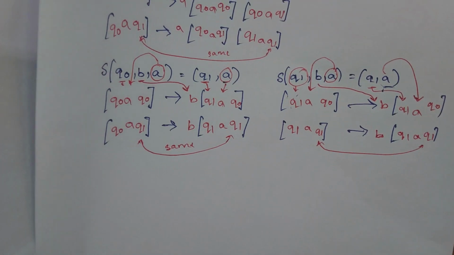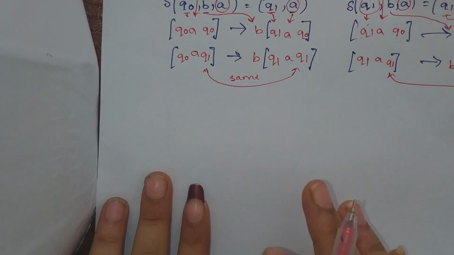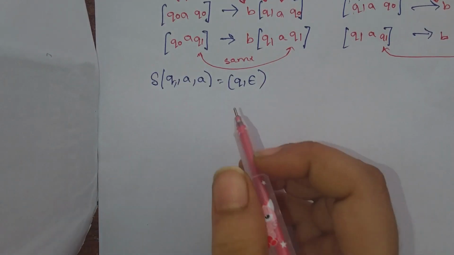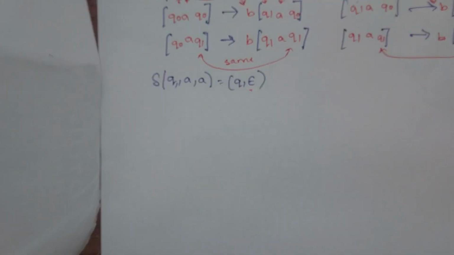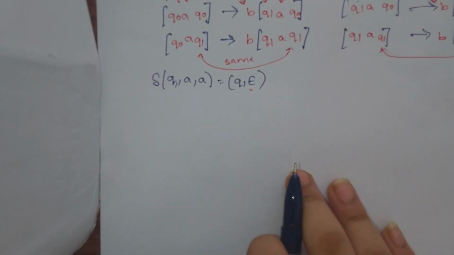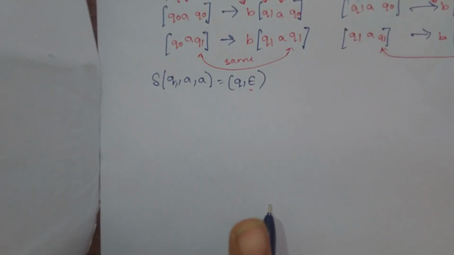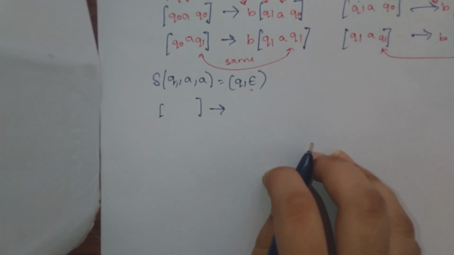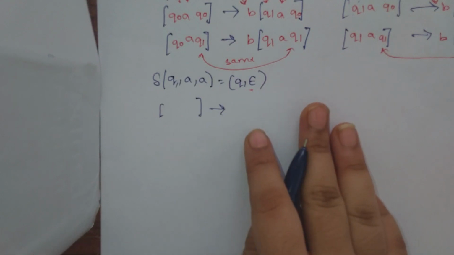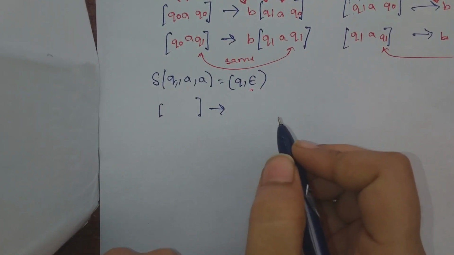Now consider another case, another transition. So we have this epsilon. For the epsilon, we'll get only one symbol, and for that one symbol we don't have any right-hand one. We'll get only one symbol on the right-hand side, so we need to consider it as a state.